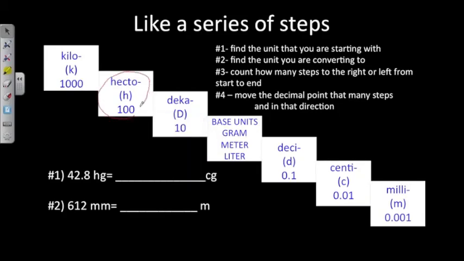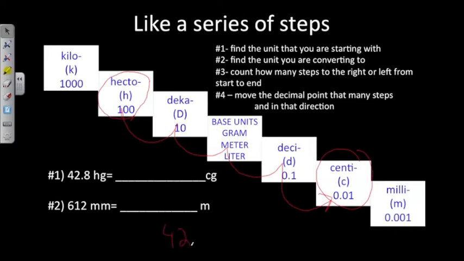And I'm going to be going to centigrams. Find the unit you're converting to. Centi is down here. Count how many steps it'll take to go from start to end. So from my start of hecto to my end of centi, it's 1 step, 2 steps, 3 steps, 4 steps. So I moved 4 steps to the right.